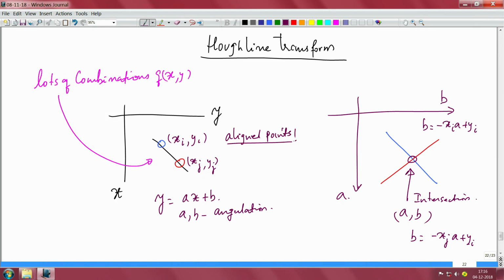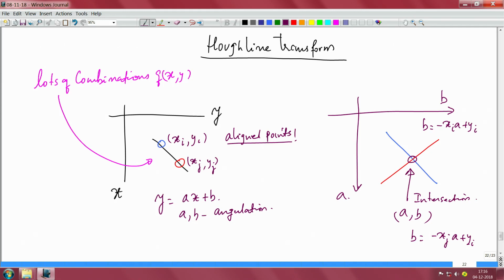That is all you have to say. This A and B, as you know, gives you information about the inclination. So, there are lots of combinations for xy in order to arrive at this notion of aligned points.